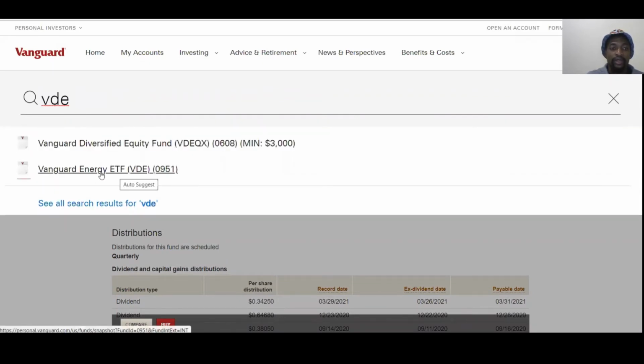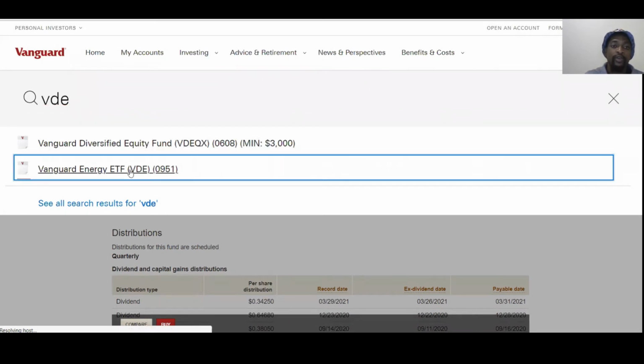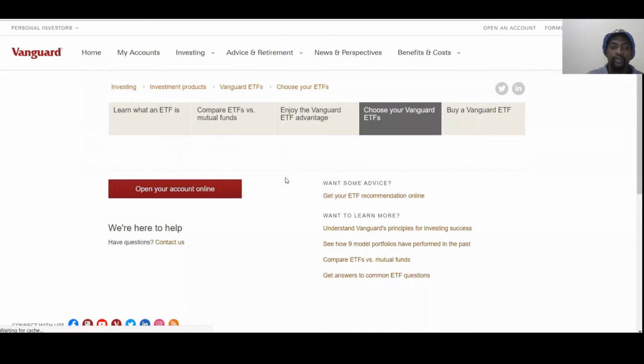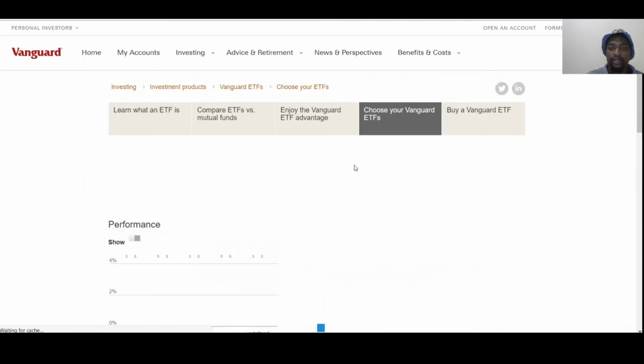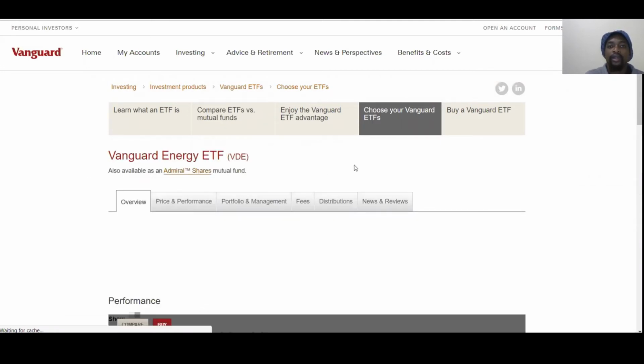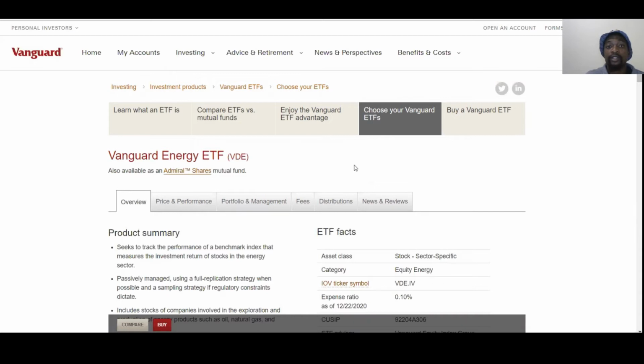So now you see, in the US they have this mutual fund. I'm looking for the Vanguard Energy ETF. This one is an equity fund. Just make sure that when you do your research, you go for the right ETF so that you don't get incorrect information.